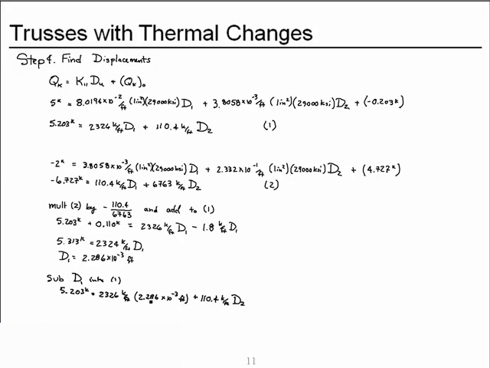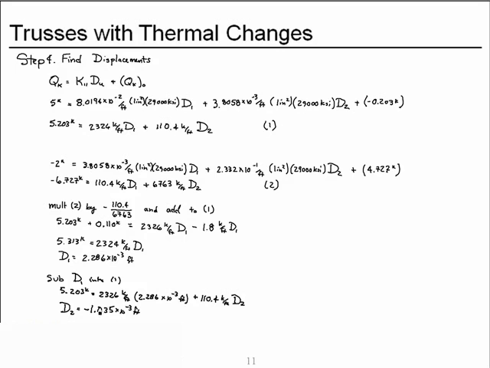When I combine these, move them to the other side, divide them all by the coefficient, I get d2 is a minus 1.035 times 10 to the minus 3 feet.